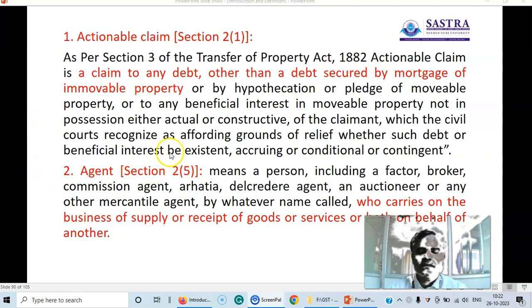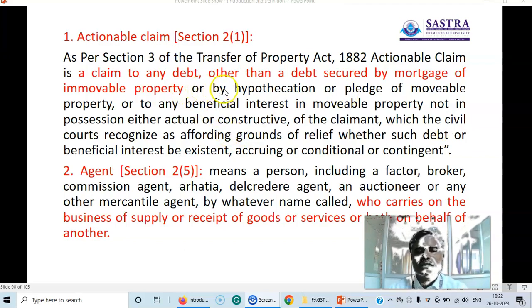Whenever we have unsecured creditors, they are called actionable claim because we can claim to recover money from them. Sometimes, whenever they are not ready to settle, we can make a claim, even file a suit also.